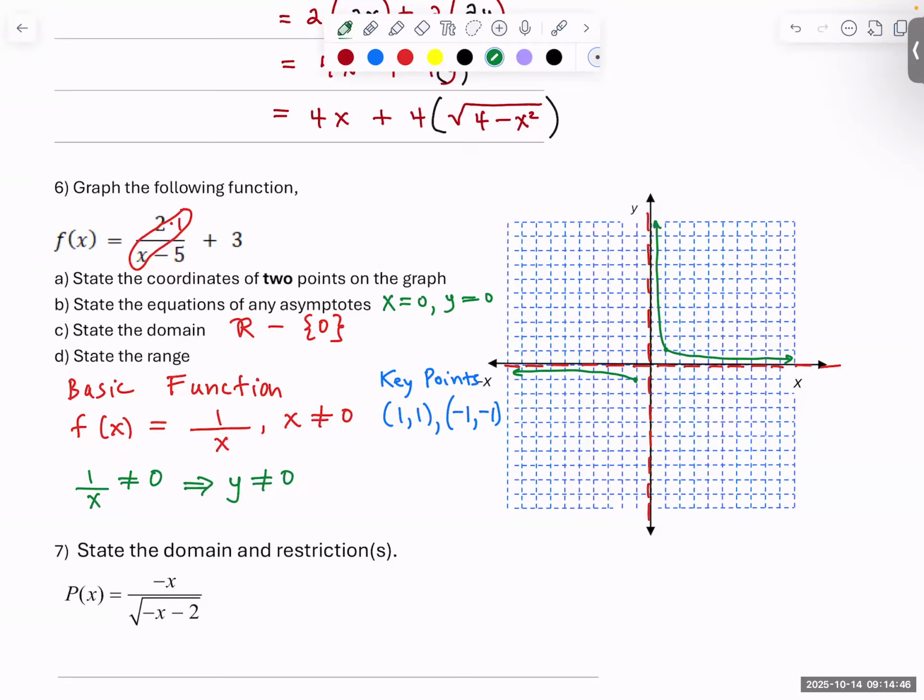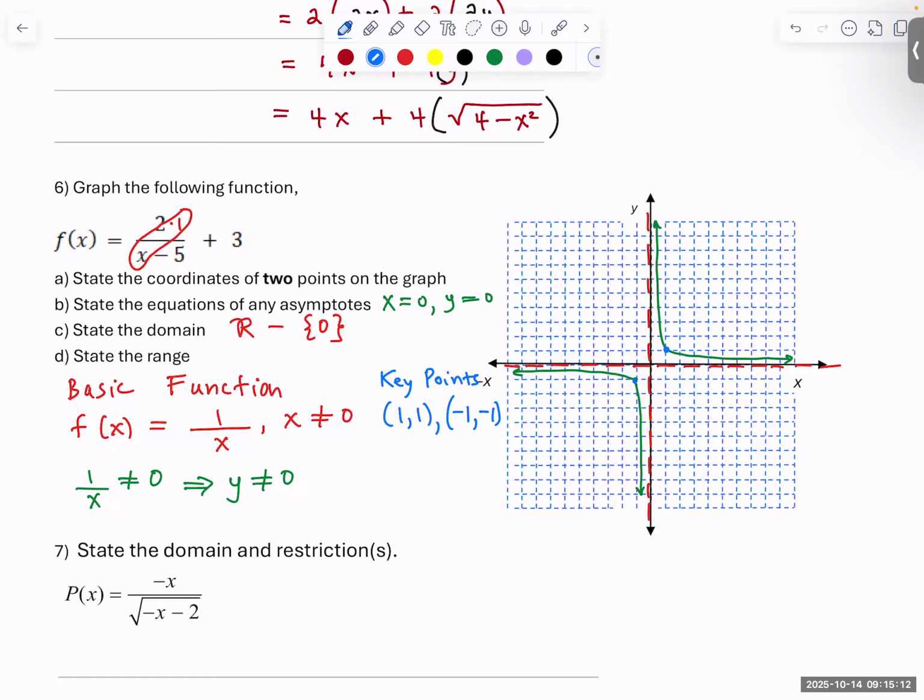So the graph goes off to -infinity and the graph approaches the vertical asymptote. So the two key points at x is -1, y is -1, and x is +1, and y is +1 are centered around the intersection of the asymptotes, and the intersection of the asymptotes is the origin.